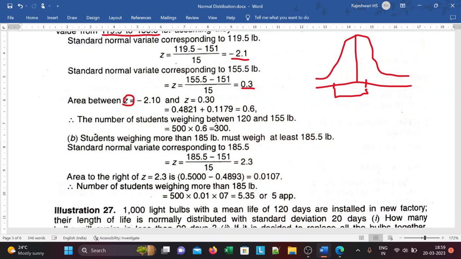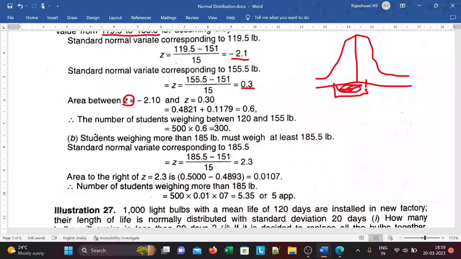If we add these two values, we get the total area between these two points. So 0.4821 plus 0.1179, the total area between these two points is 0.6.